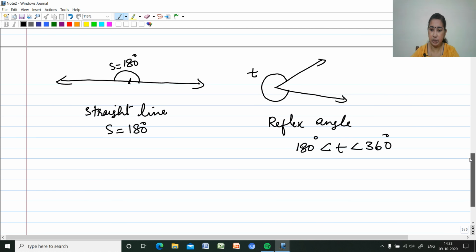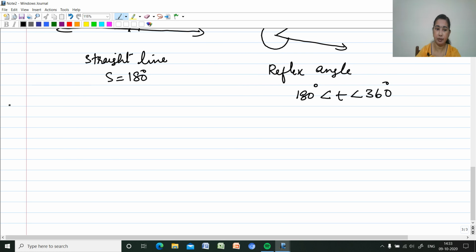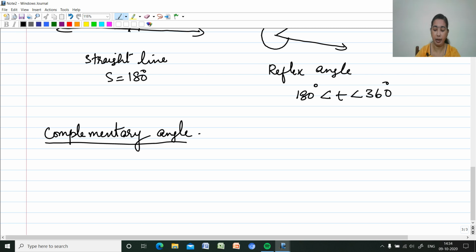Now the next one you have to study is the complementary angle. What do you mean by complementary angle? If two angles sum to 90 degrees, we call them complementary angles.